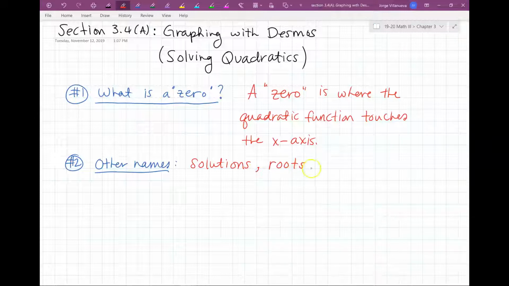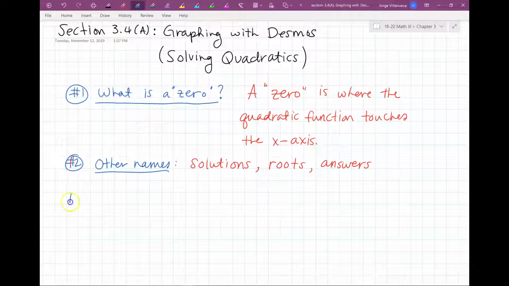Or they could even say to find the answers. Whenever you're trying to find answers to these quadratic functions, they might say find the answer, find the zeros, find the roots, or find the solutions. Those are all words they can use to mean solutions. Find the answers. Where does it cross the x-axis?